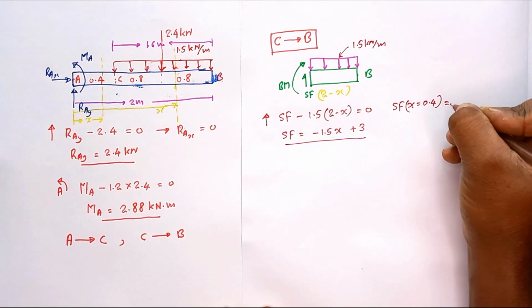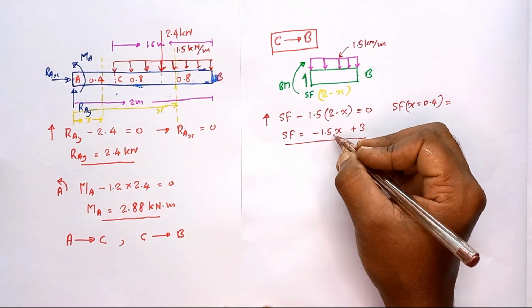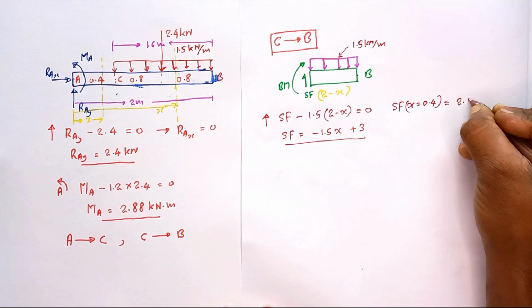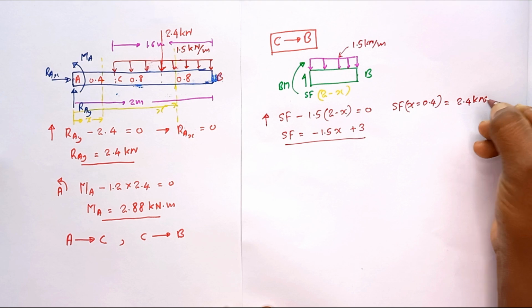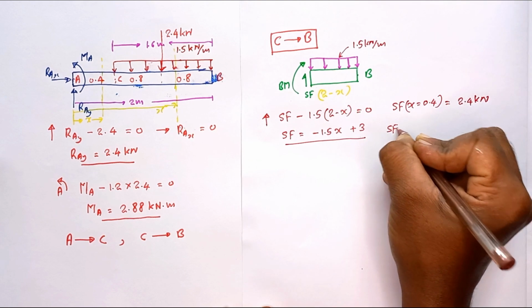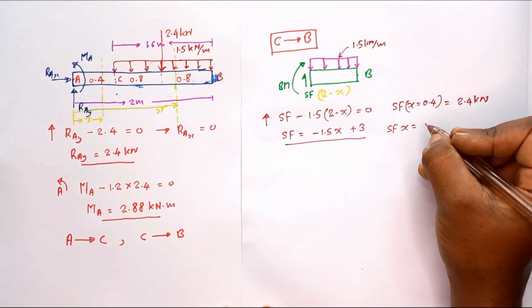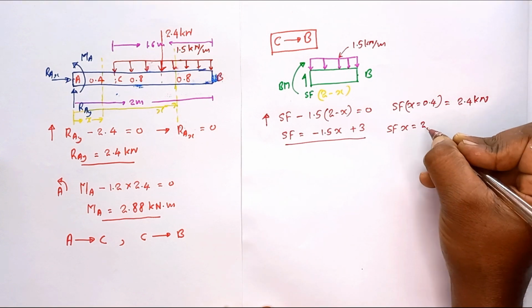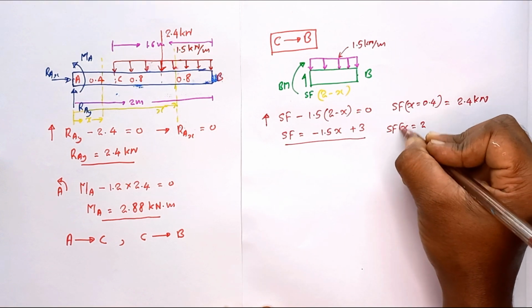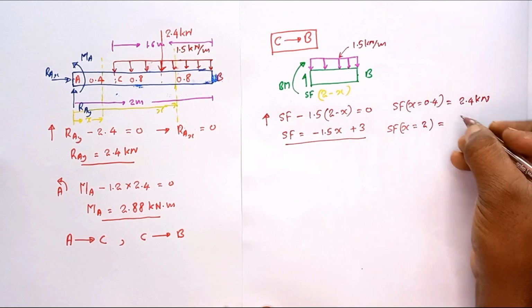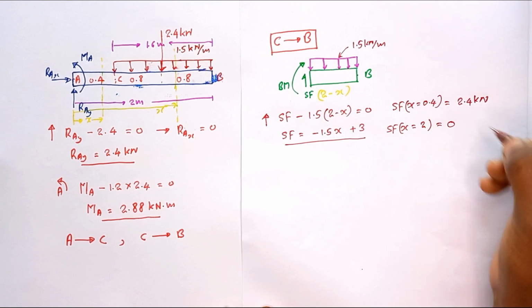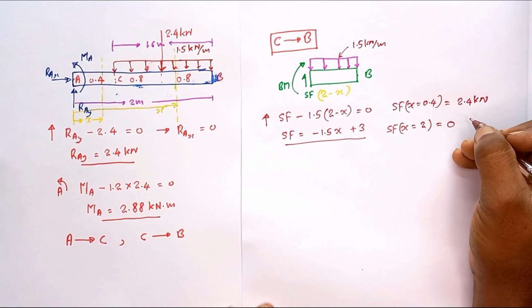So if you substitute this value in this equation, we will get 2.4 kilonewton. Then the shear force at x is equal to 2, at this end, that value is equal to 0.